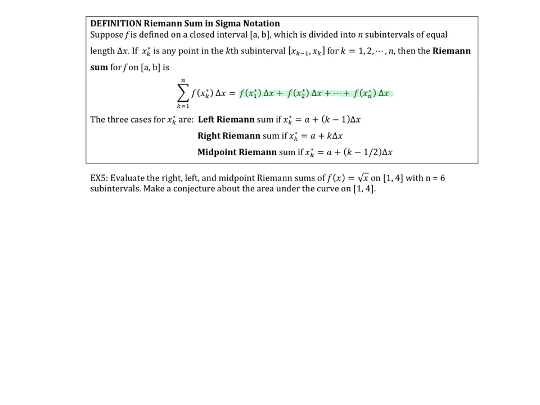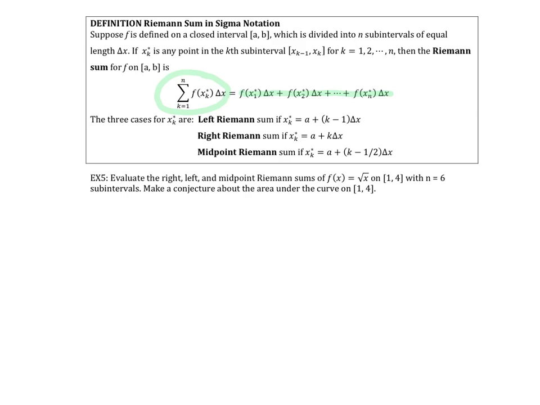So instead, we're going to replace it with summation notation. These mean the exact same thing. So our x star is just some point in each one of our intervals, which would give us the height of our rectangle. And our delta x is just the base of our rectangles, or the length of those partitions.